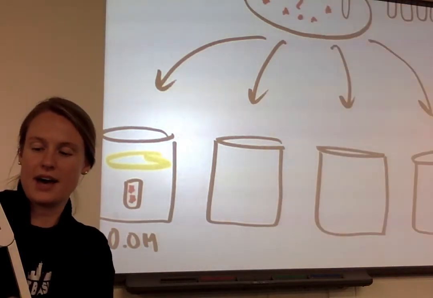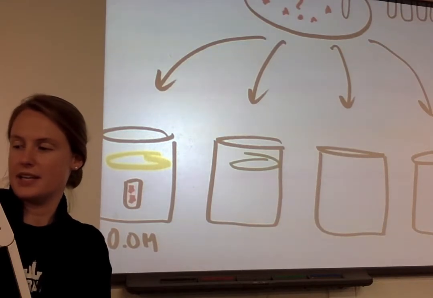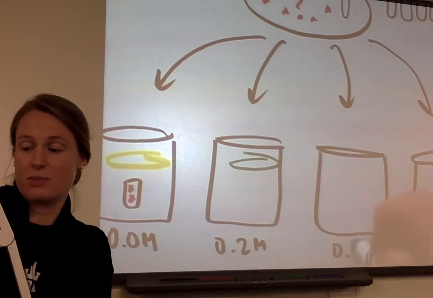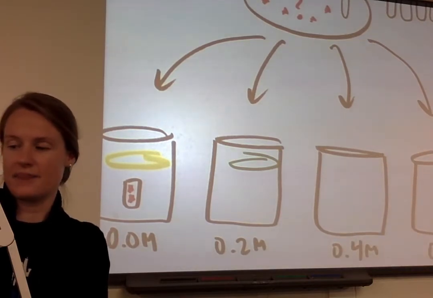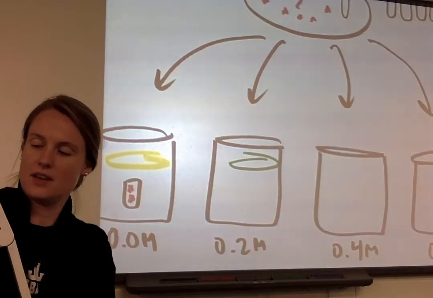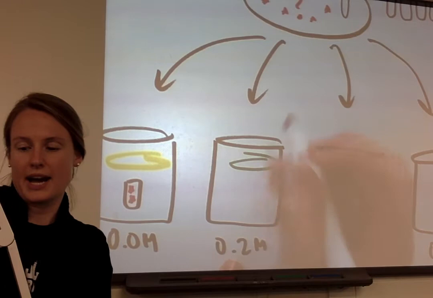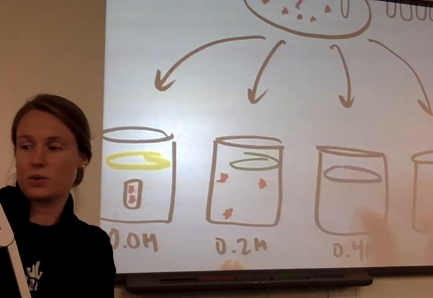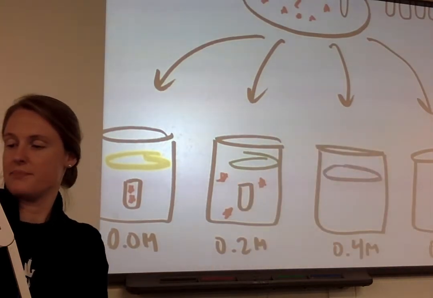We also had a beaker that was 0.2 molar. We had one with 0.4 molar. We had one that was 0.6 molar, etc. So we can represent that the 0.2 molar one has a little bit more solute than the pure water. So a couple of stars, a couple of solute molecules.